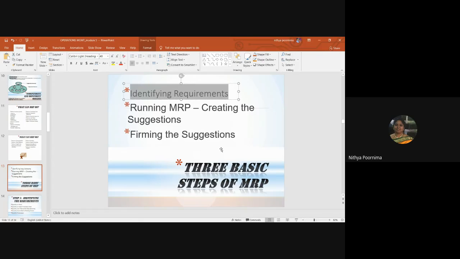Then we need to create a master production schedule, which I'll talk about in the coming classes. Then we transfer the end item requirements to the final component list, right? So this will be the MRP processing layout. This is generally the understanding of the steps of MRP, but the processing of MRP is also important. We will see it in the coming slides.